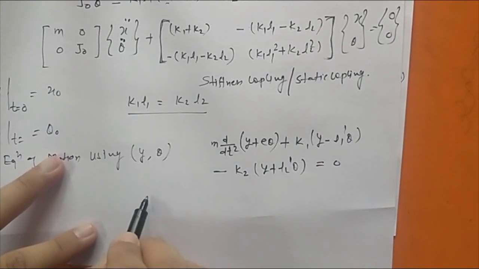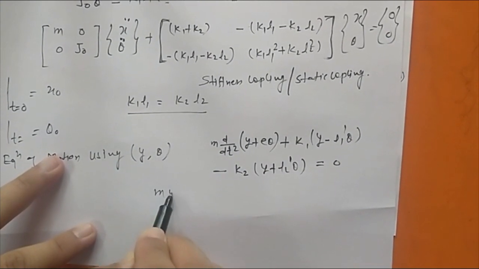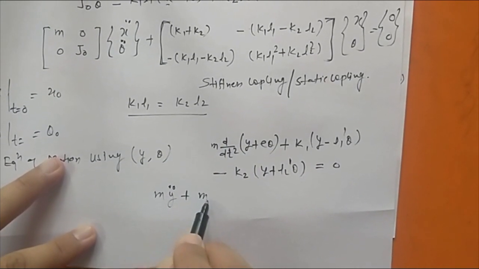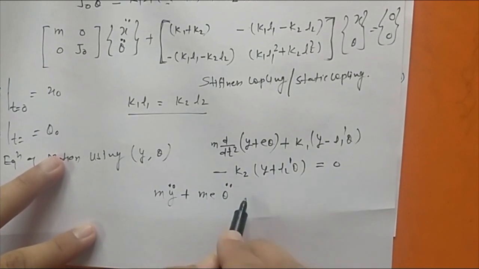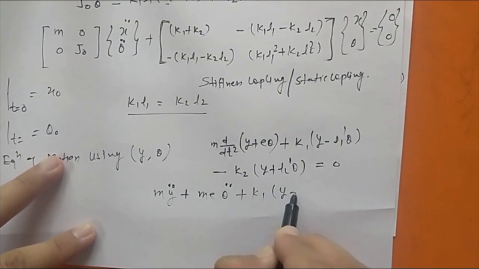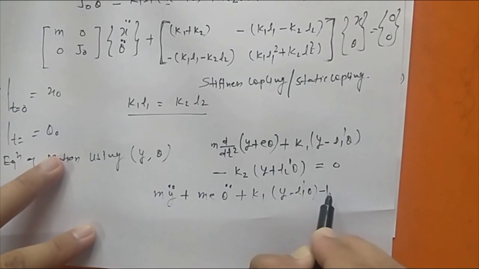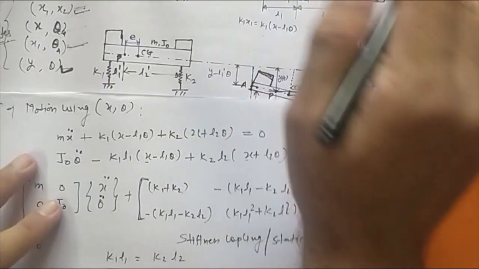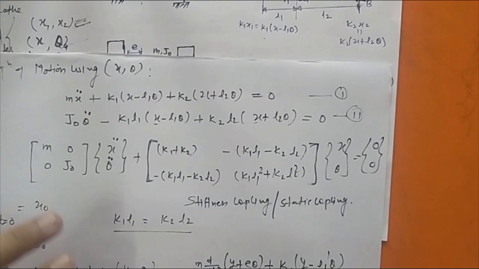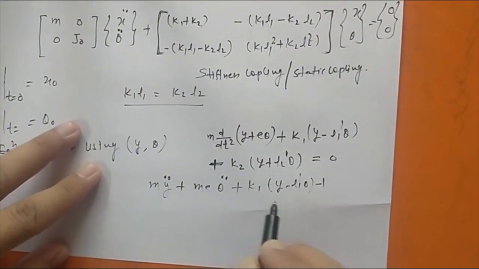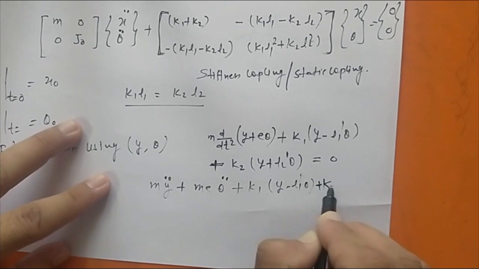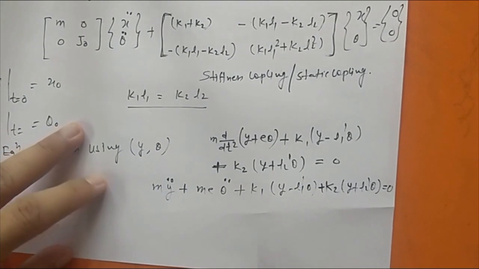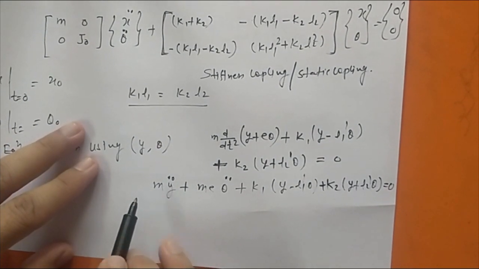This would be m y double dot, plus m e theta double dot, plus K1 y minus L1 dash theta, plus K2 y plus L2 dash theta is equal to 0. This is also plus because this force is also acting in the upward direction. So this is the equation for its linear motion.